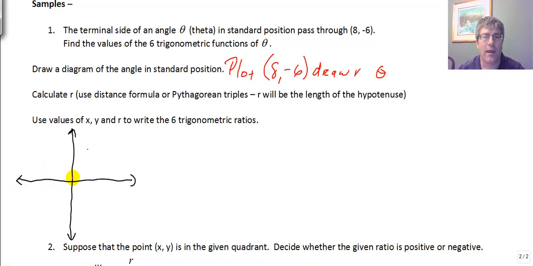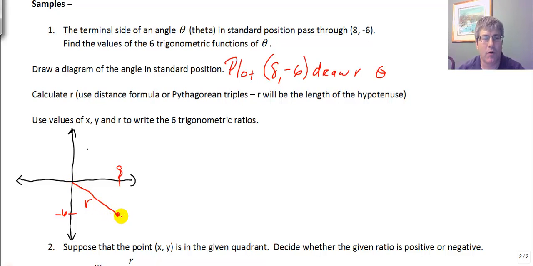So 8, -6, 8 on the x. It's going to be out here somewhere. And -6 on the y. Might be down there somewhere. So 8, -6 is here. And I'm going to start by drawing r. Okay. So there's my hypotenuse.